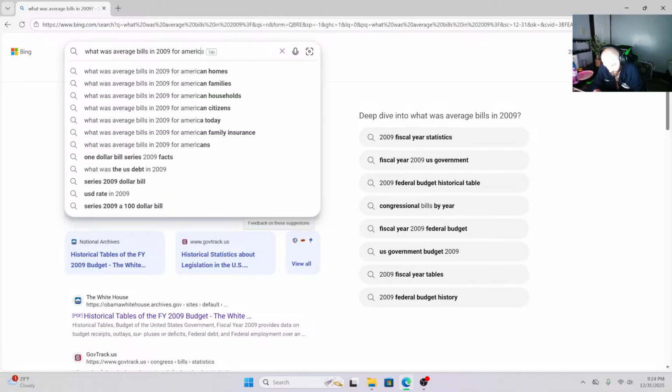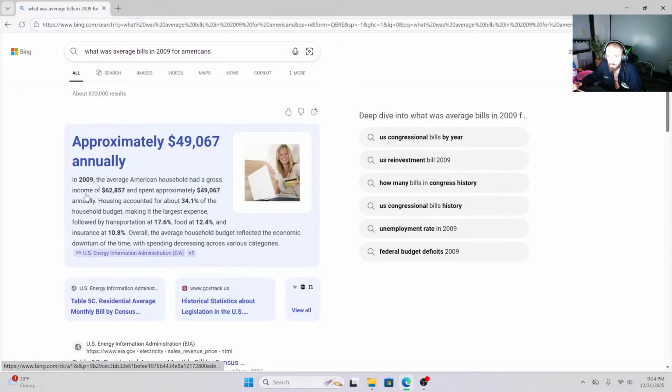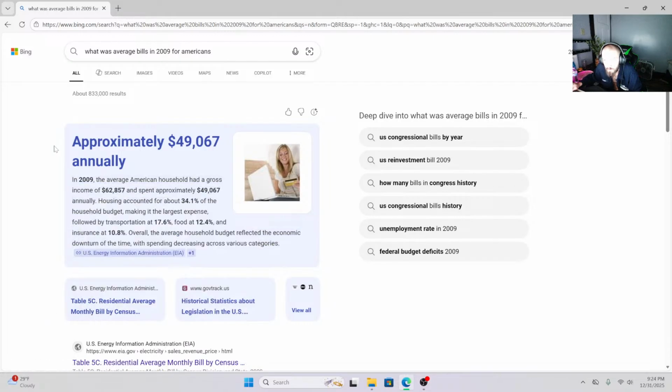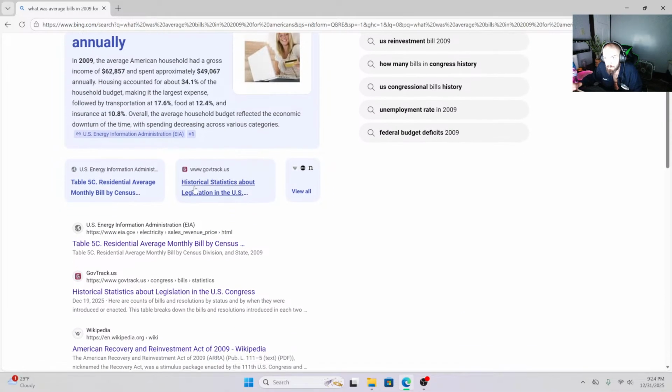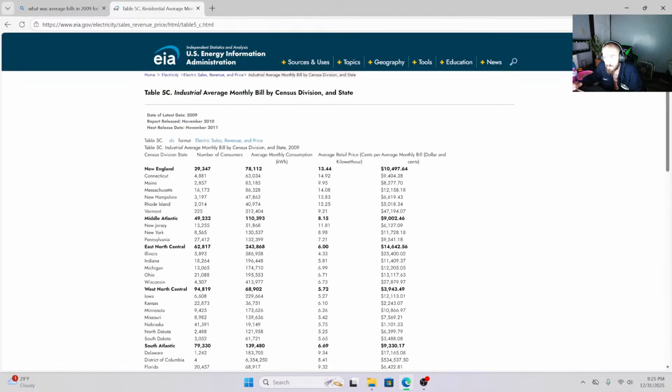For Americans. Oh, in 2009, average income of 62,000, and spent 49 annually in housing. Monthly bill census.